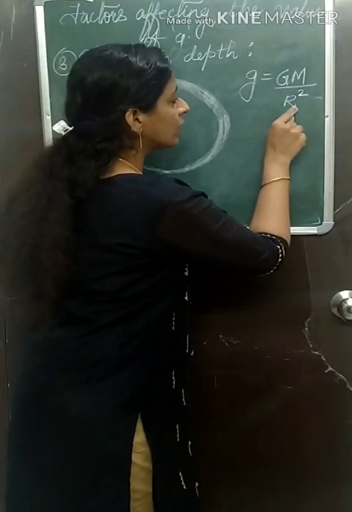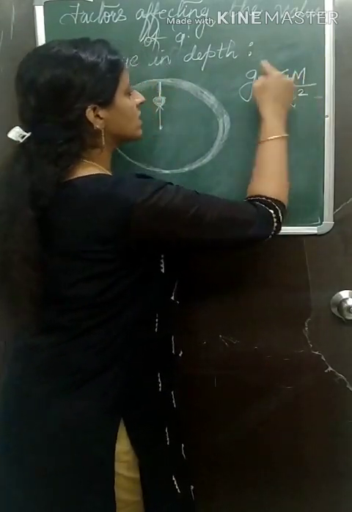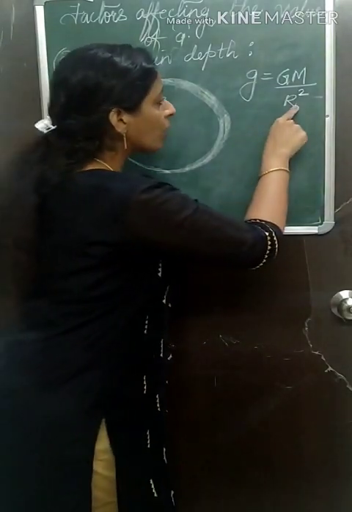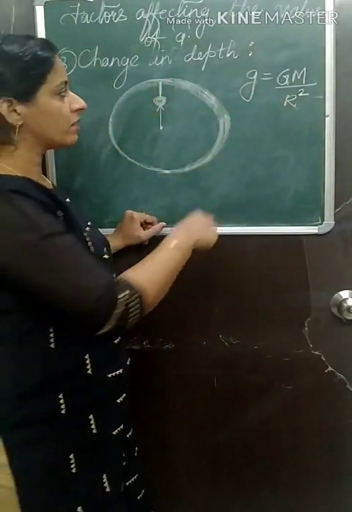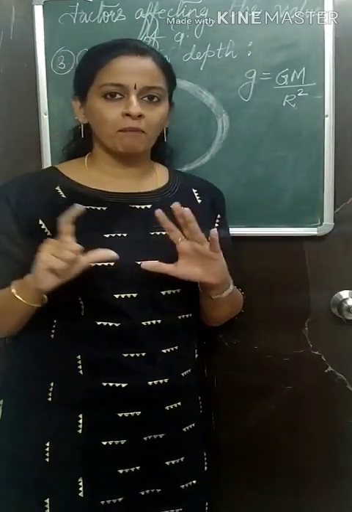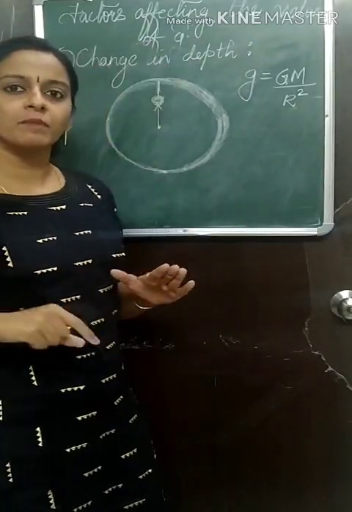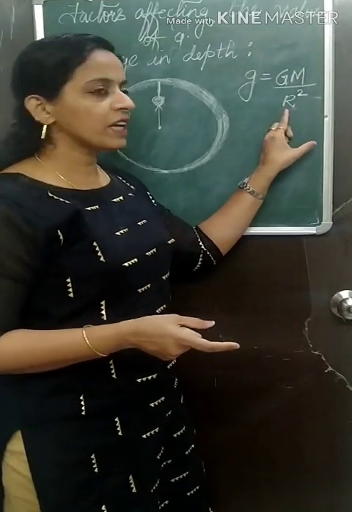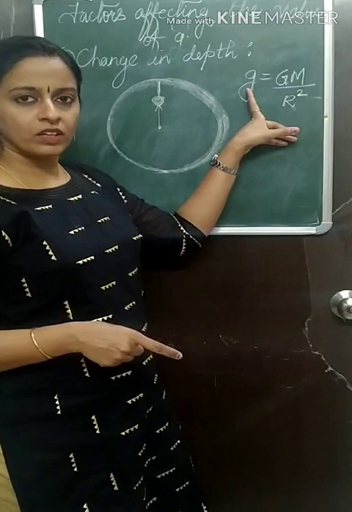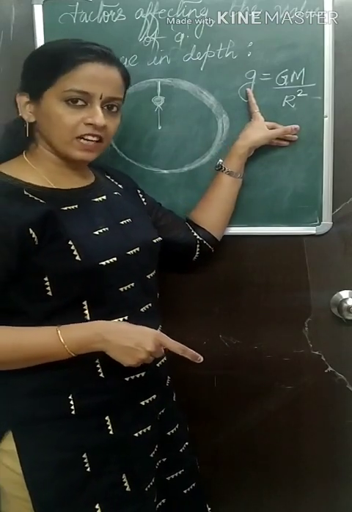When the denominator increases, the value of G decreases. When the denominator decreases, the value of G should increase. That is common arithmetic, no?